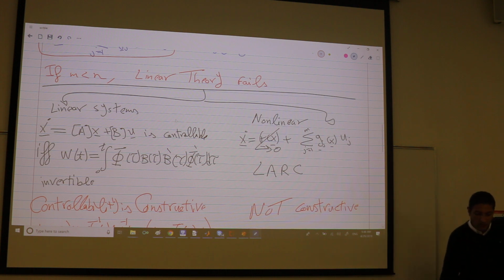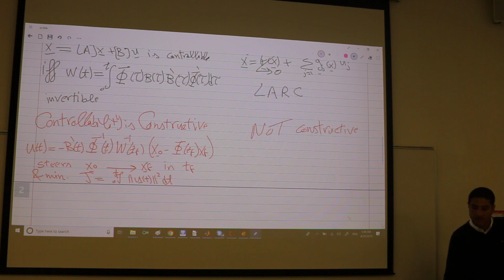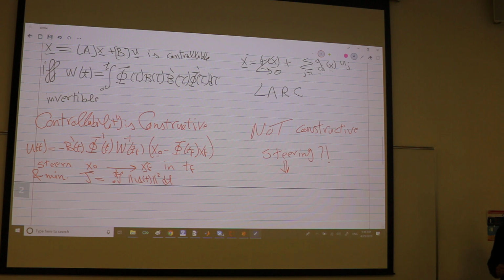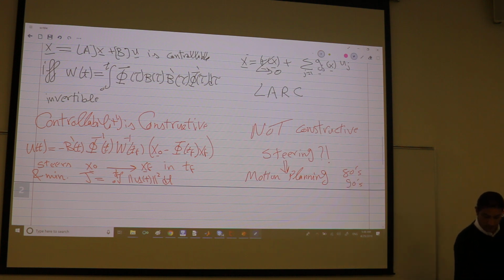The proof was not constructive. So the steering is still a problem now, and this posed the following research problem over the 80s and 90s, which is called motion planning of non-holonomic systems over 80s and 90s. Okay? Any question about that?